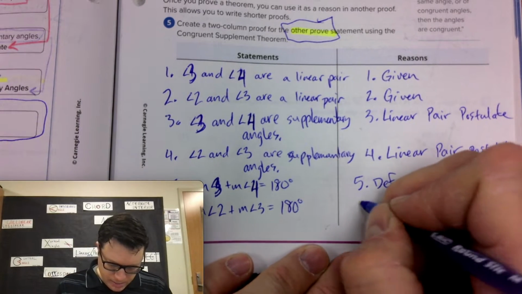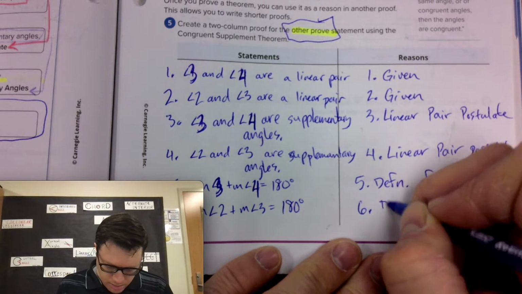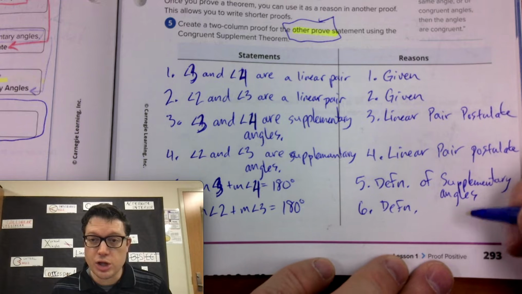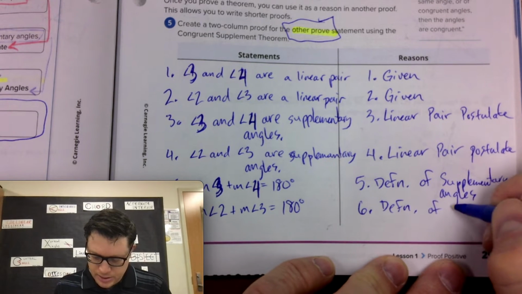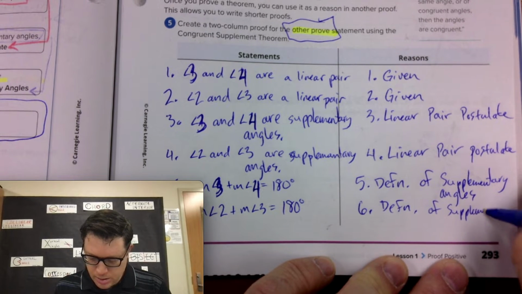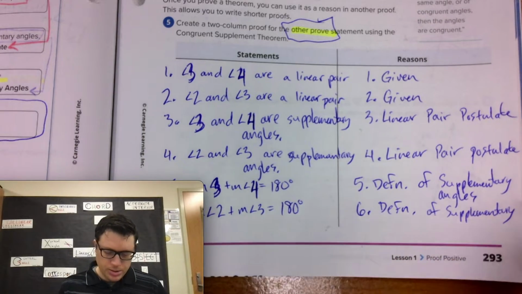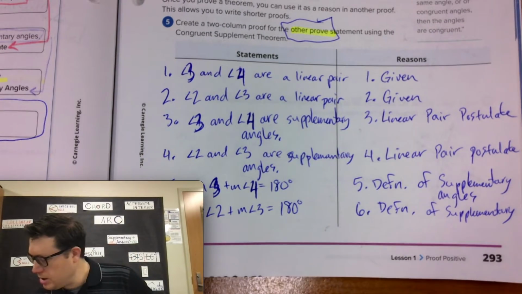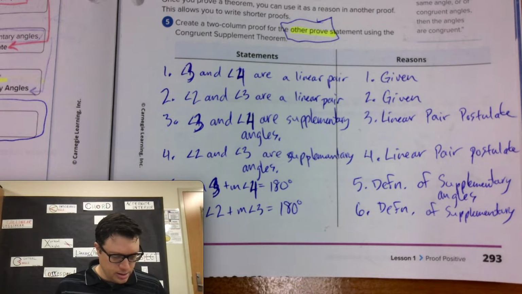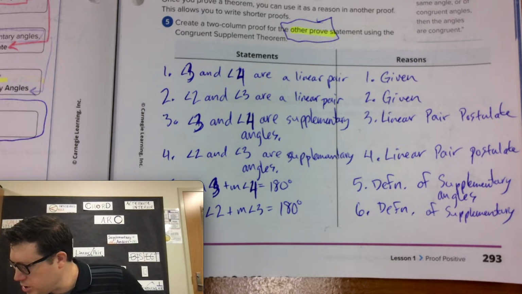And that reason is also definition of supplementary angles. Step 7 says that, well, they skipped a bunch.